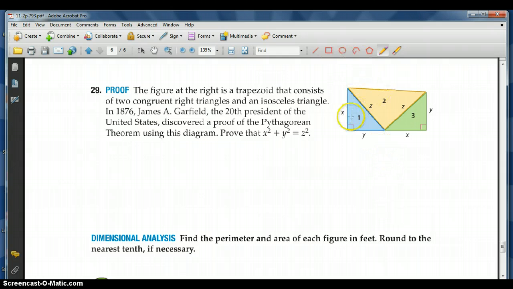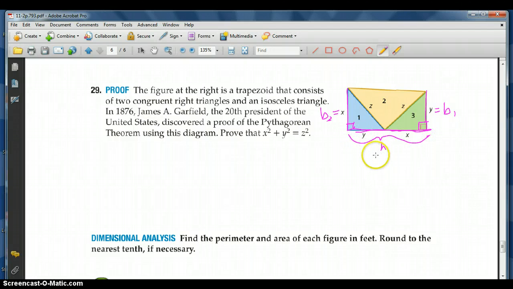So we know that this entire figure is a trapezoid. We have our parallel sides. That would be base 1 and base 2. And then we have the side that is perpendicular to both of the bases, the segment that is perpendicular. This would be our height.